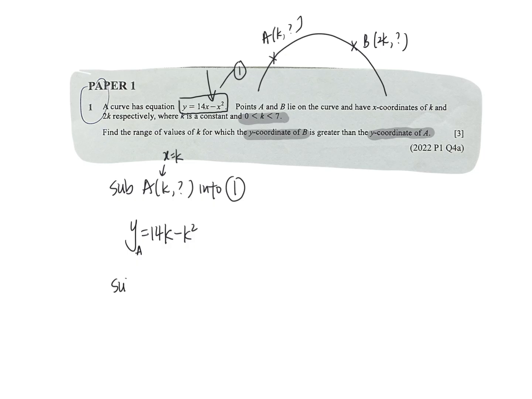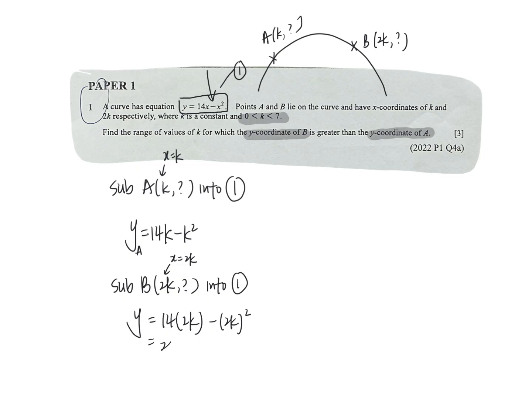Next one is I'm going to sub this into equation 1. Same thing, my x value now is 2k. I'm going to sub it into this equation, and I get 28k minus 4k squared.